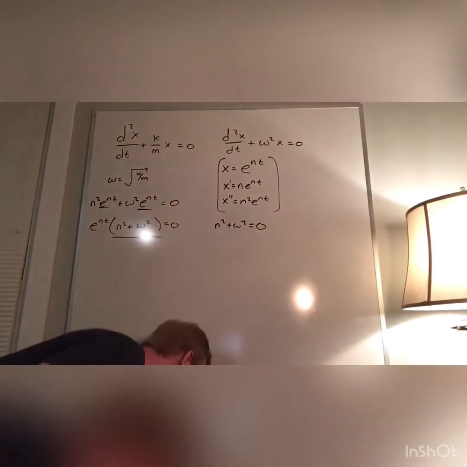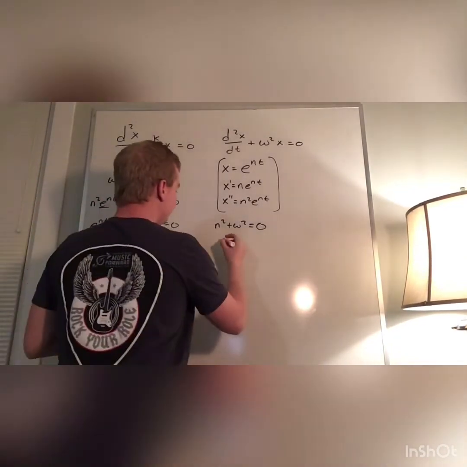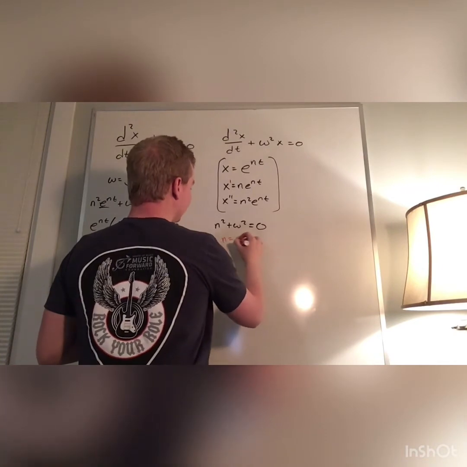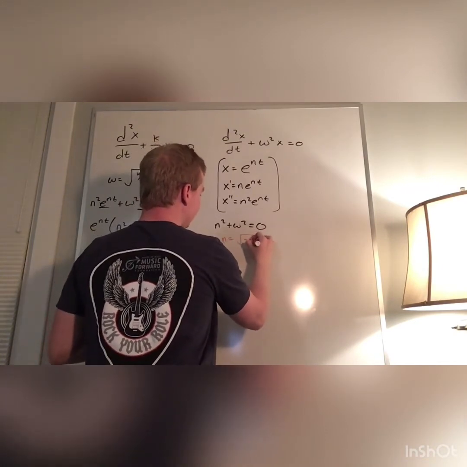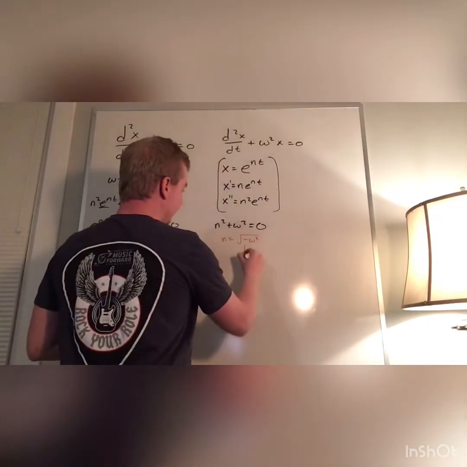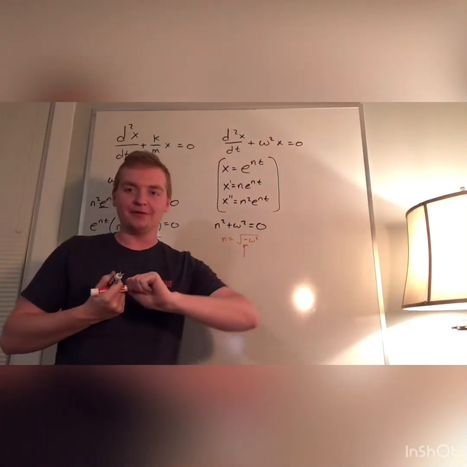And something a little funky is going to happen, right? When we solve for this n, we're going to get n is equal to the square root of negative omega squared. And you can see here that we have this negative discriminant under the radical.